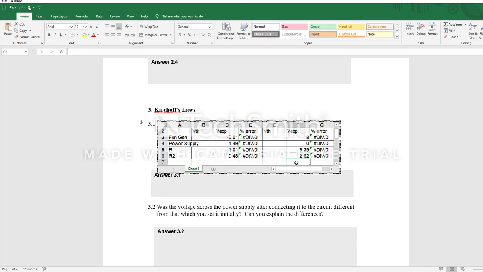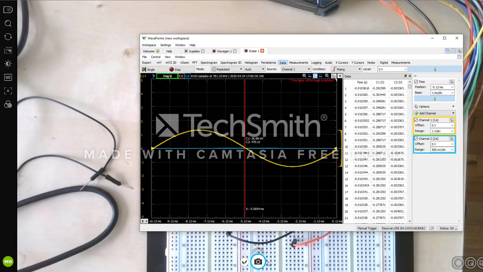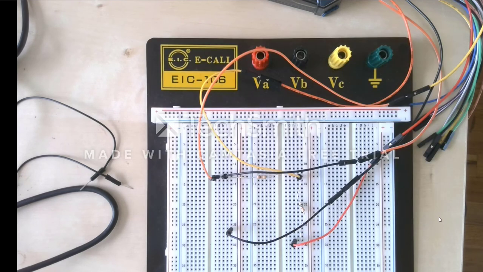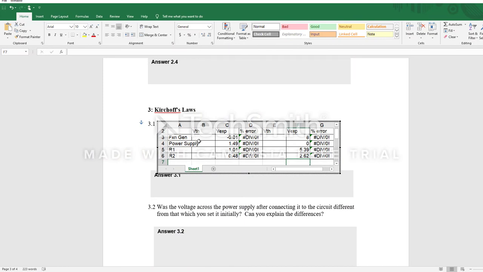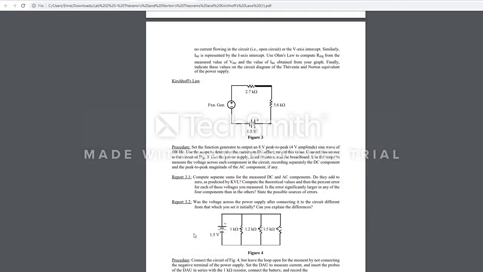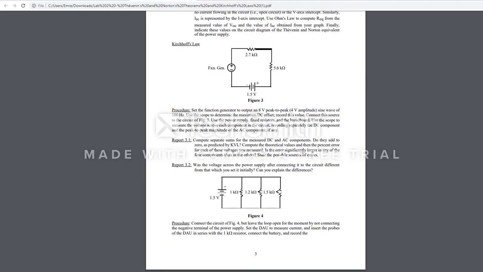All right. Right. So these are the measurements for the second part of this week's lab. Now you can calculate the theoretical measurements and answer the questions regarding Kirchhoff's voltage law using your theoretical values and the measurements that we just got.